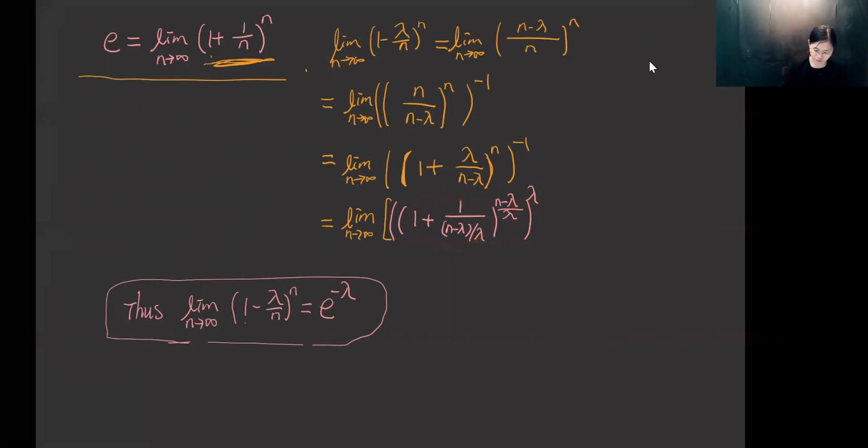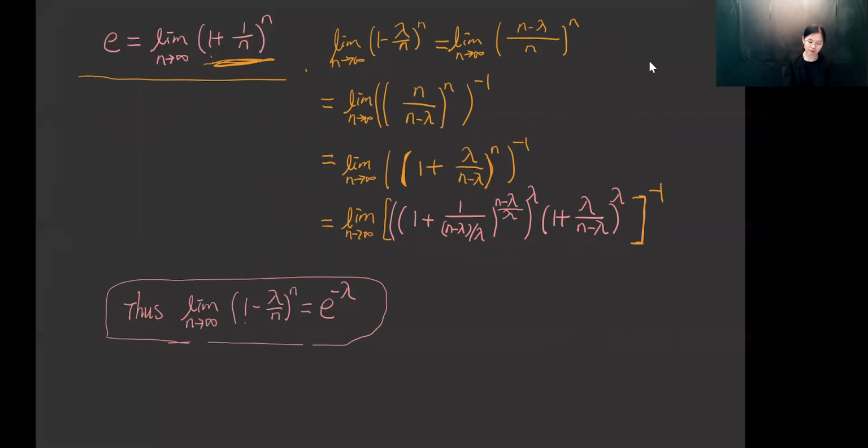We are still short of something, right? So we're still short of this quantity to the power lambda. So we make it up by multiplying that quantity by 1 plus lambda over n minus lambda to the power lambda.